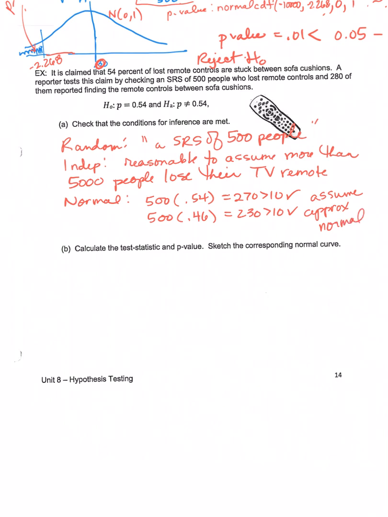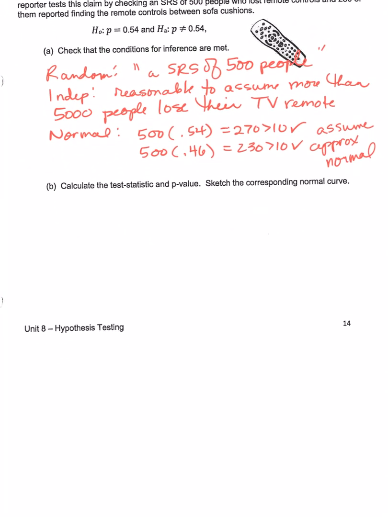Okay? So far, so good? We can assume it's approximately normal. Everybody got RAN? Okay, so now it says calculate the test statistic.